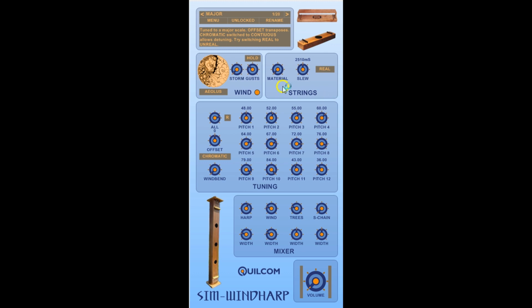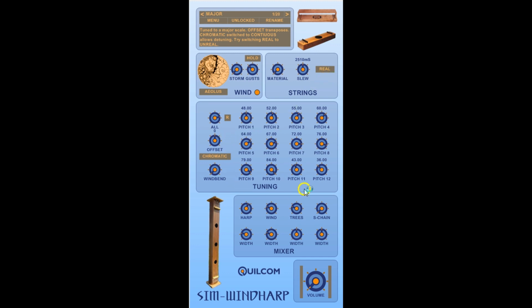So, as a quick overview, this little panel here determines the wind, and you've got random wind generation from Aeolus himself, or you've got a manual option where you provide the wind. Then we have the string panel, where you can alter the material of the strings, the transition from one harmonic to another, or have it real or unreal.